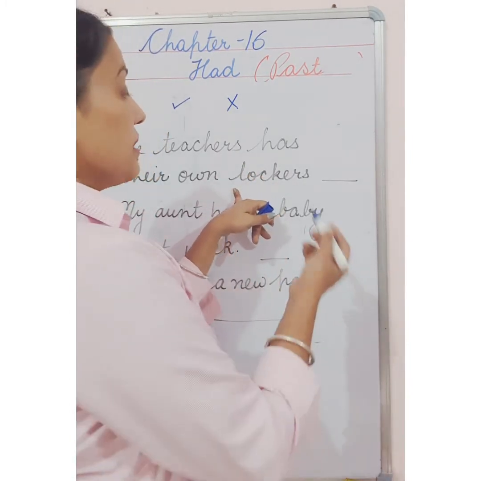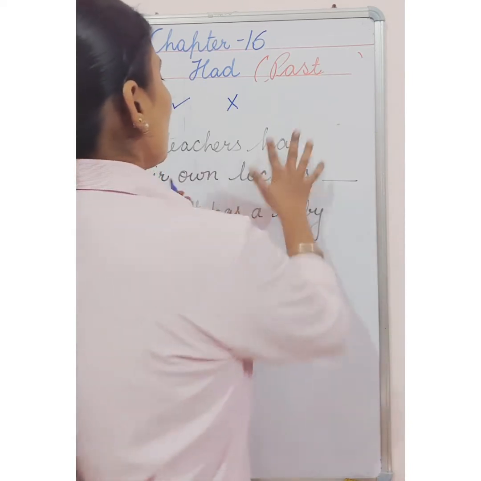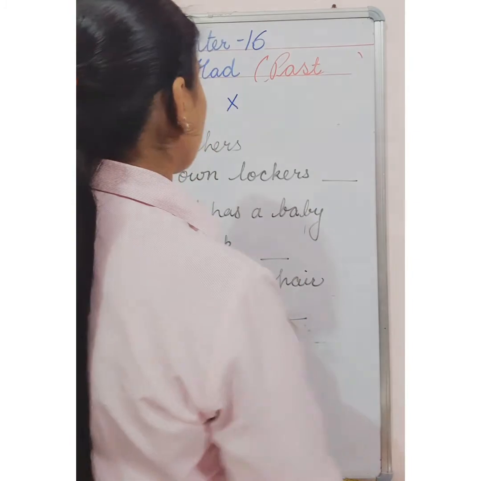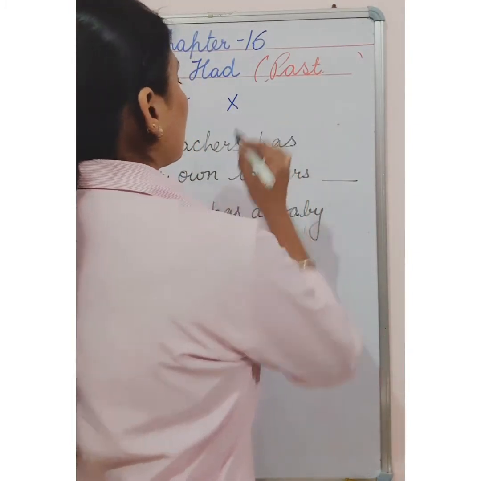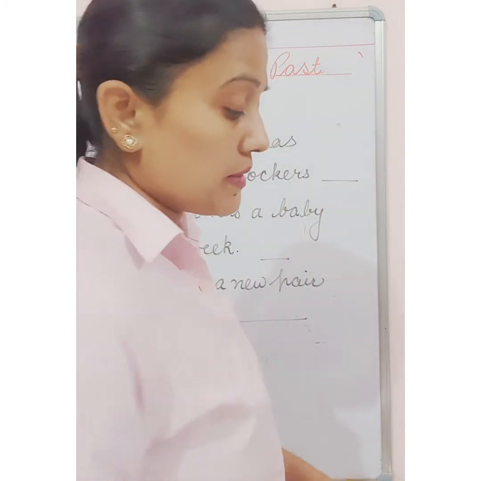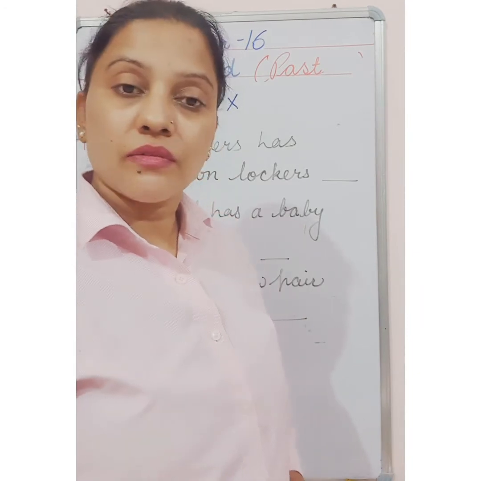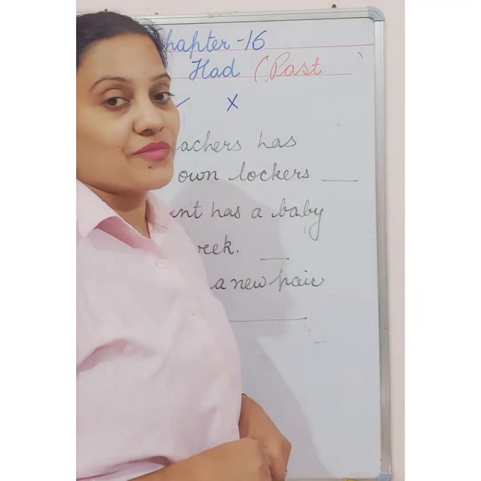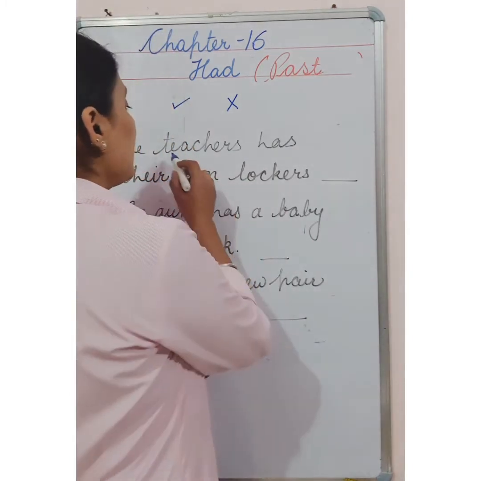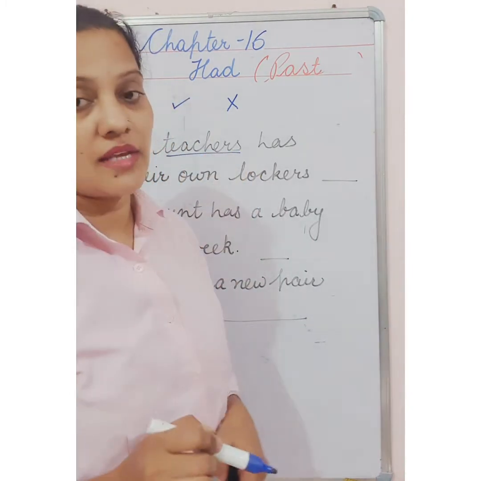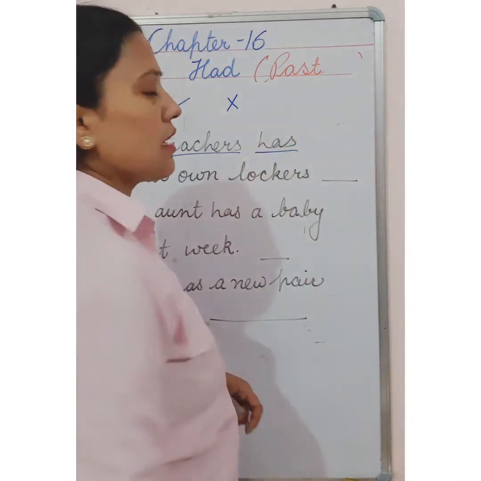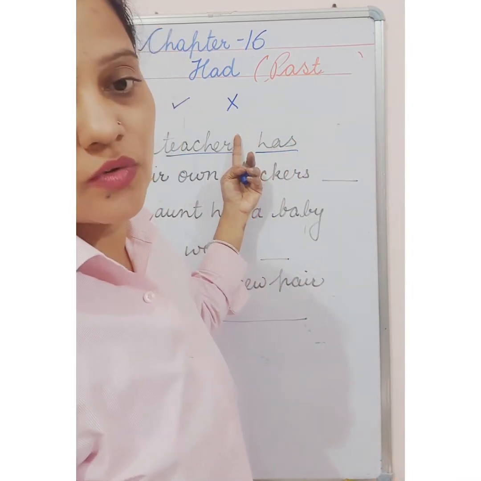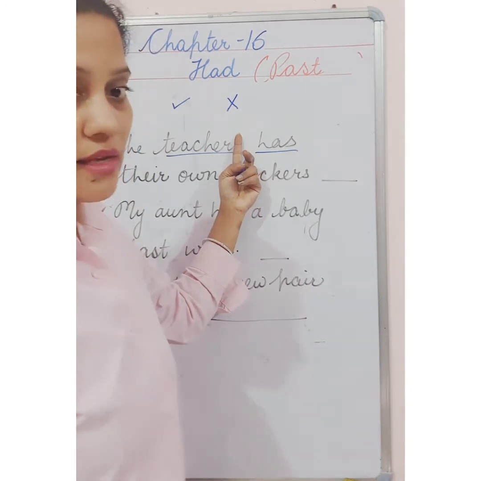So when we are talking about the present, what will you use, has or have? You have seen here teachers, and it is given here has. If teacher is given to you, only teacher, a singular noun, then you will use has.